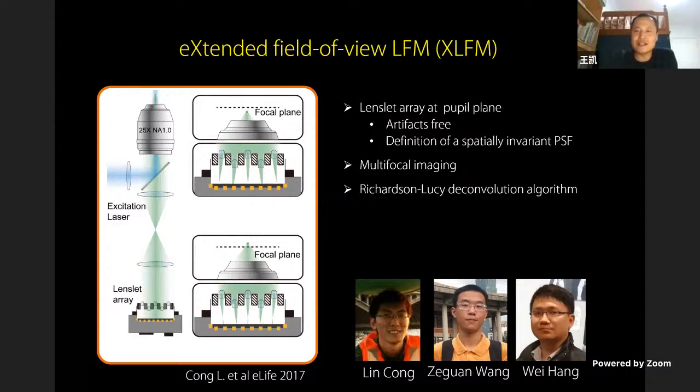The answer is that we didn't dig very deep into that direction. The reason is that in zebrafish, in our previous adaptive optical microscope paper, we showed that the aberration caused by the zebrafish itself decreased resolution from about 250 nanometers to about 1.5 microns.